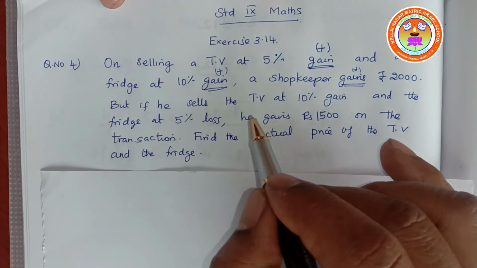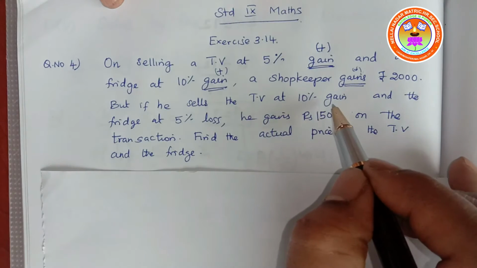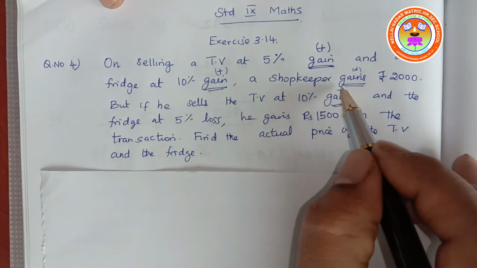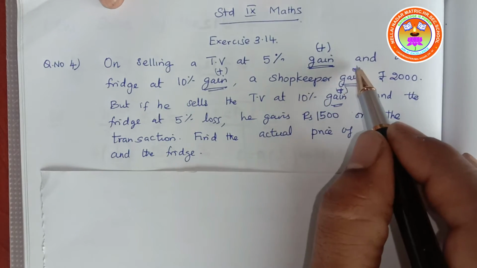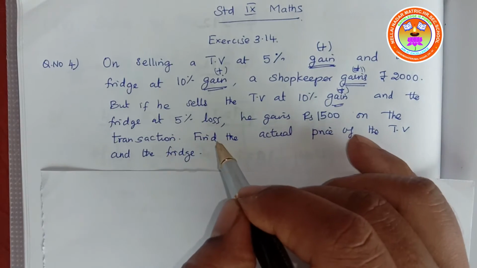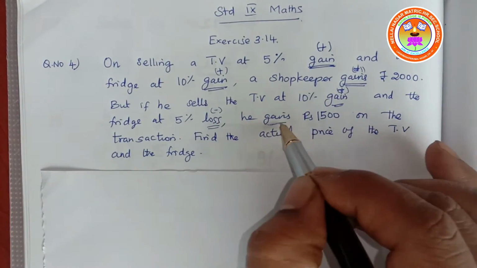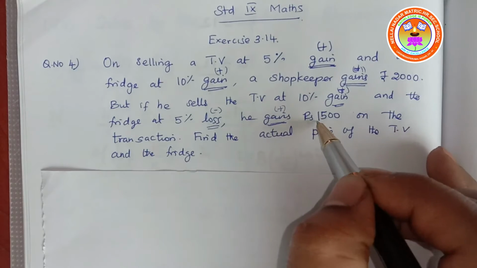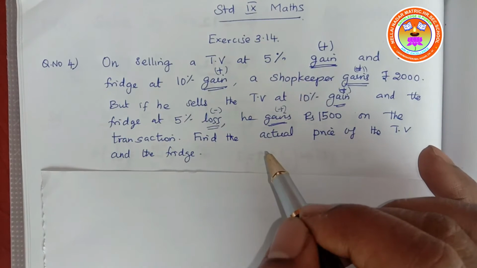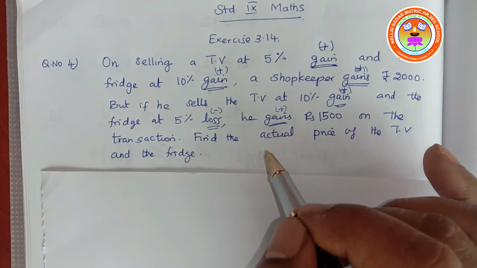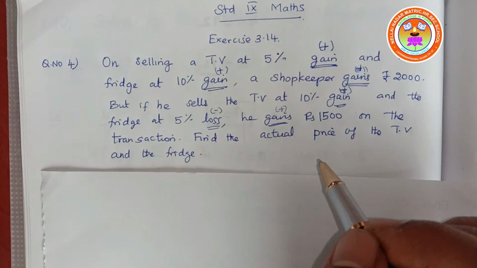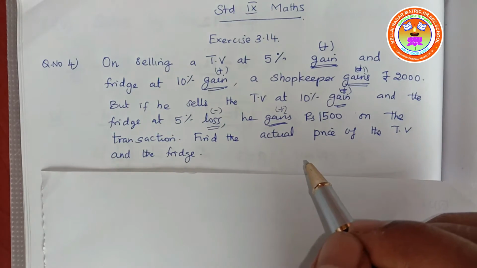Then the second condition is also given: he sells the TV at 10% gain, so plus, and the fridge at 5% loss, which means minus, and he gains, again profit, rupees 1500. You are going to find the actual price of the TV and the actual price of the fridge. It's clear children, so let us see.